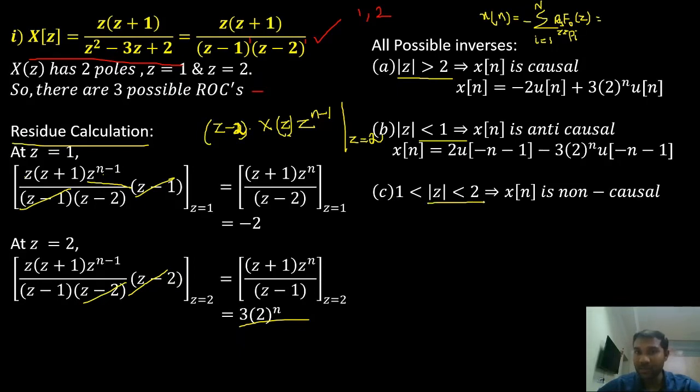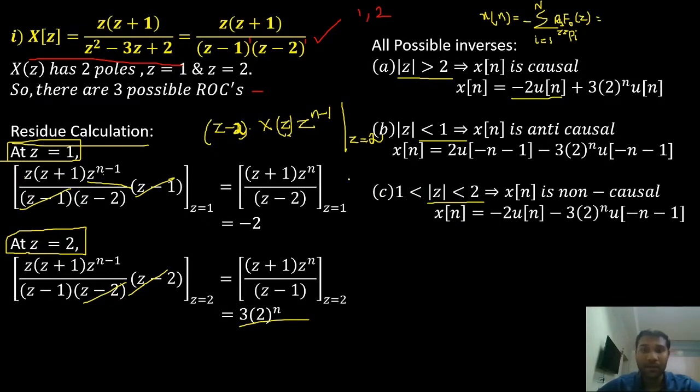Since mod z is less than 2, the residue at z equals 2 is going to be anti-causal, and for the other part, mod z is greater than 1, this residue is going to be causal, right? So I'll consider the residue at 1 from the causal part, that is minus 2 into u of n, and the other residue at z equals 2 from the anti-causal part, that is minus 3 into 2 power n into u of minus n minus 1.